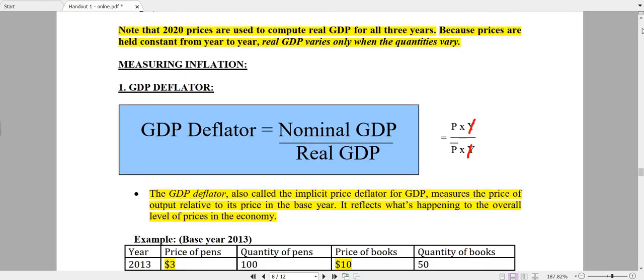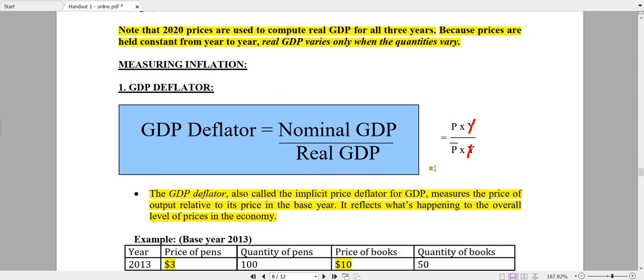Just to refresh your memory, let's go back to the formula for the GDP deflator. So let's suppose in this imaginary economy, apples are being produced, oranges are being produced, and military equipment is also being produced. So in order to calculate nominal GDP, you have to calculate the market value of all three commodities, right? And divide it by the real GDP.